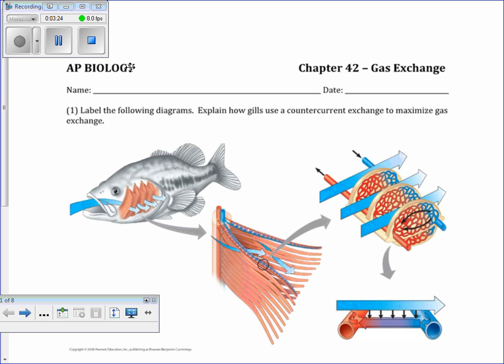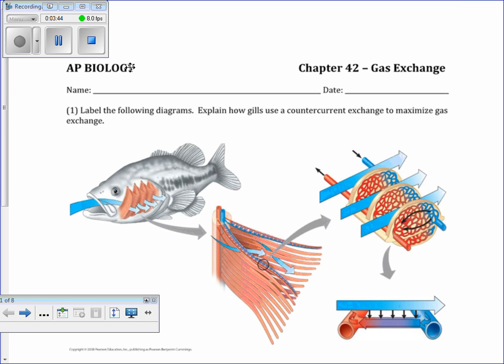So, I'm not going to go through every one of these pictures. I'm going to pick a few that I think, again, traditionally students have had a harder time grasping. The first one is one really clever solution by Mother Nature again. This is an example we call countercurrent exchange.